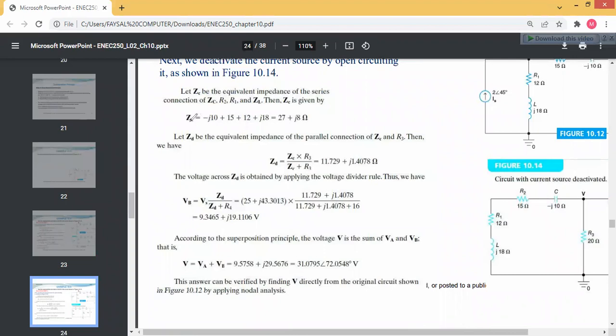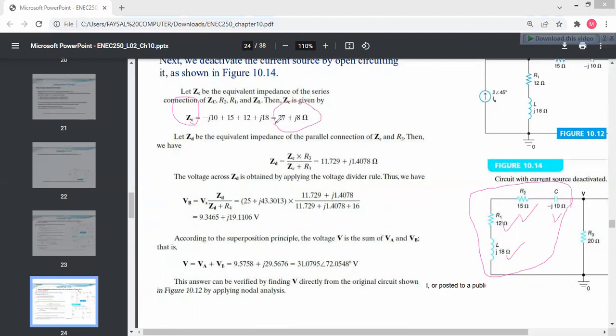For this step, first I have to find the value of ZC. ZC equals negative j10 plus 15 plus 12 plus j18. After this, the value is 27 plus j8.